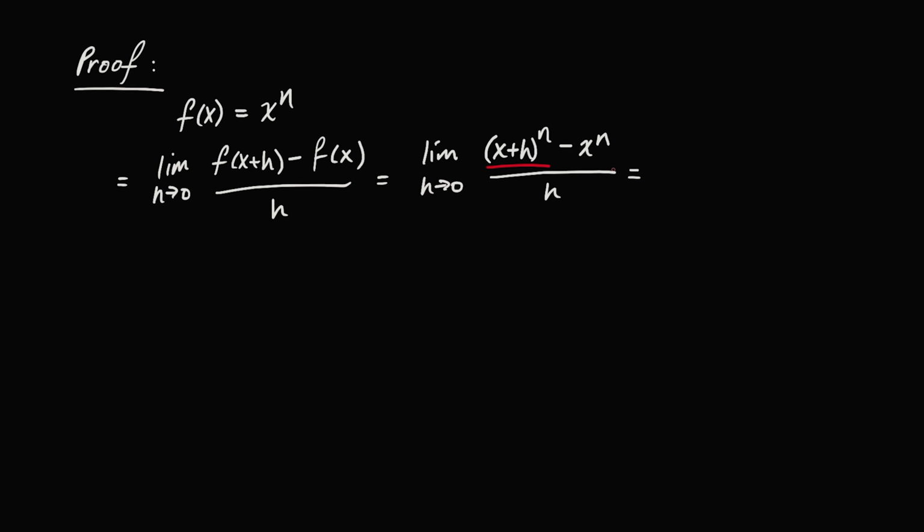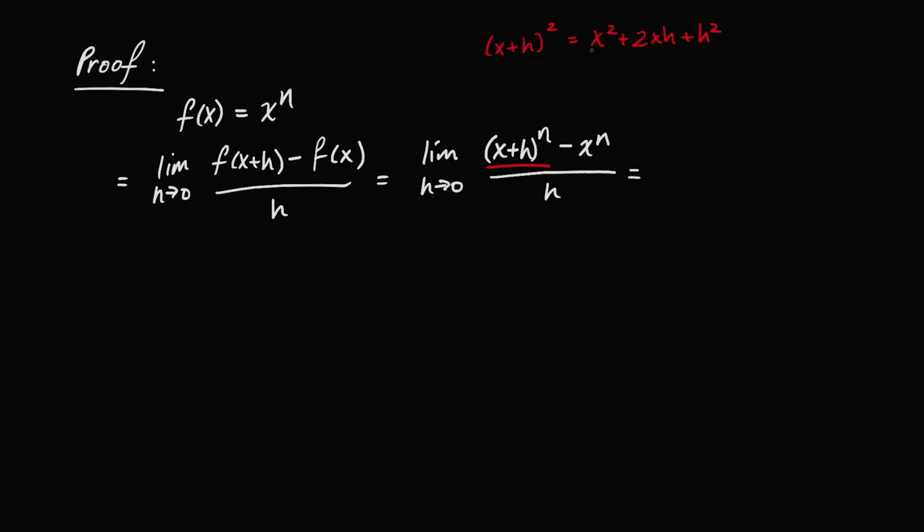Now we see a common thing here. Let's say x plus h to the second power is equal to x squared plus 2xh plus h squared.